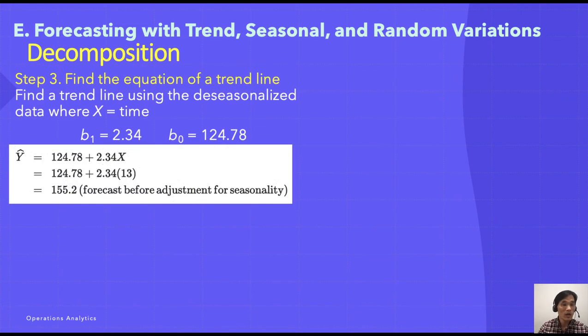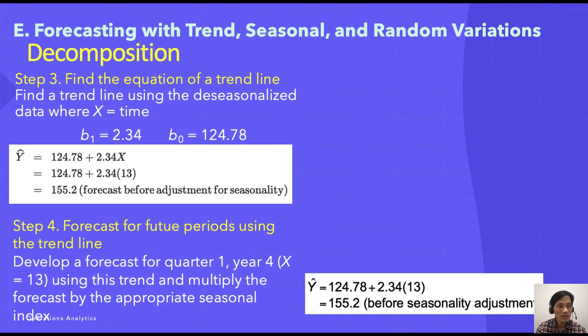So now you have y hat equals 124.78 plus 2.34x, and say you want to find the forecast for the first quarter after 3 years, then you just need to enter 13 there. So 124.78 plus 2.34 times 13 gives you 155.2. So that's your forecasted sales for quarter one of year four.